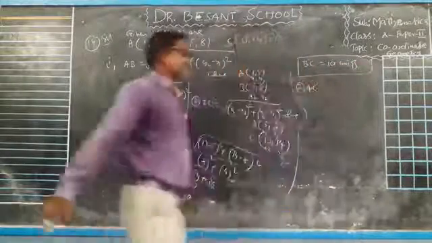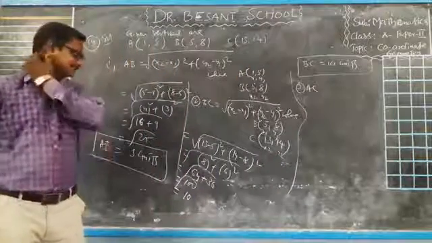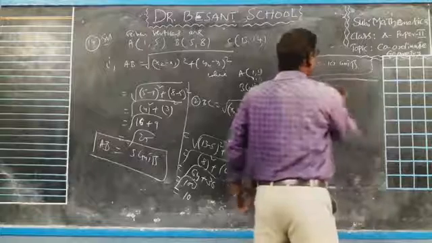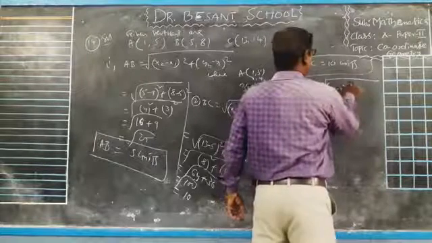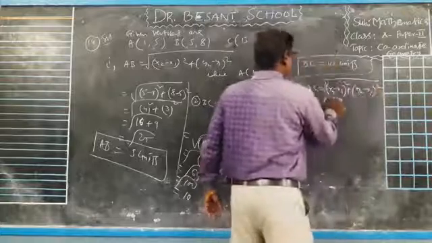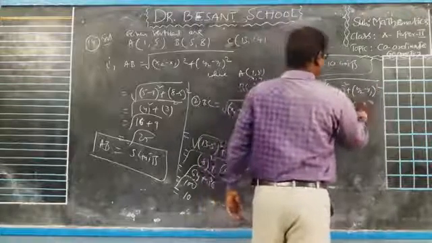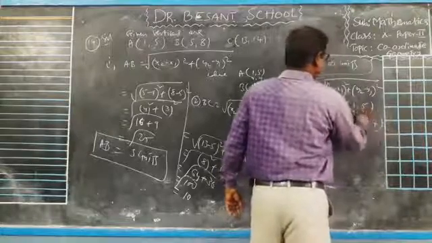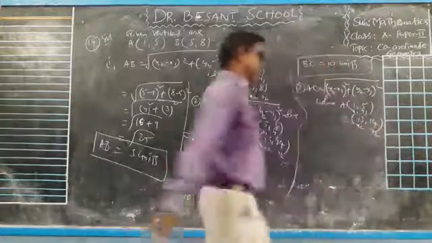Thirdly, we have to find AC distance, by using the same formula. Root over (x2 minus x1) whole square plus (y2 minus y1) whole square, where A is (1, 5), C is (13, 14). Let them be (x1, y1) and (x2, y2).